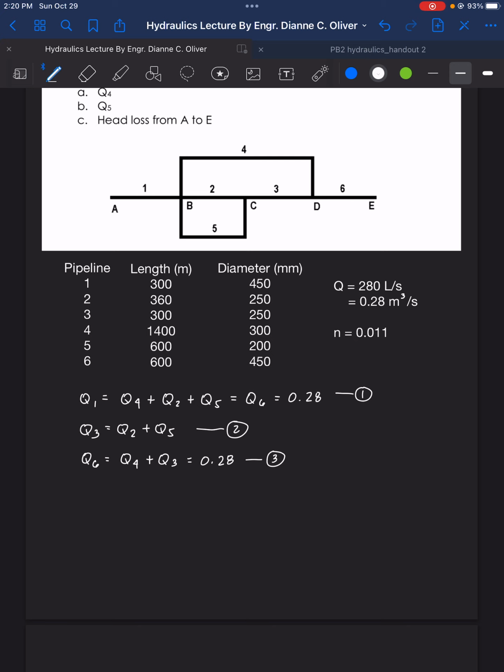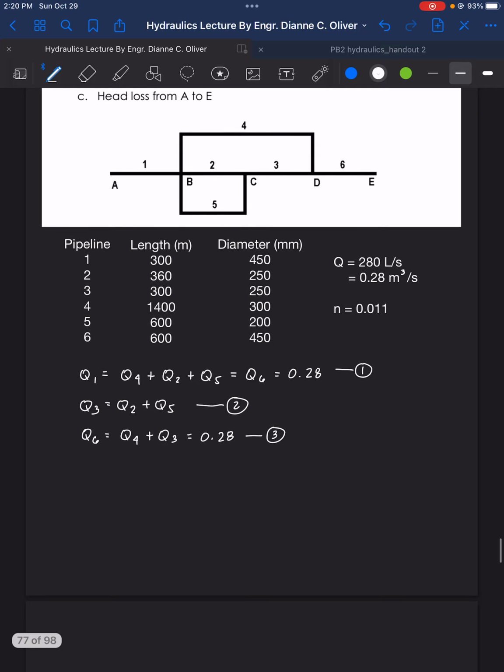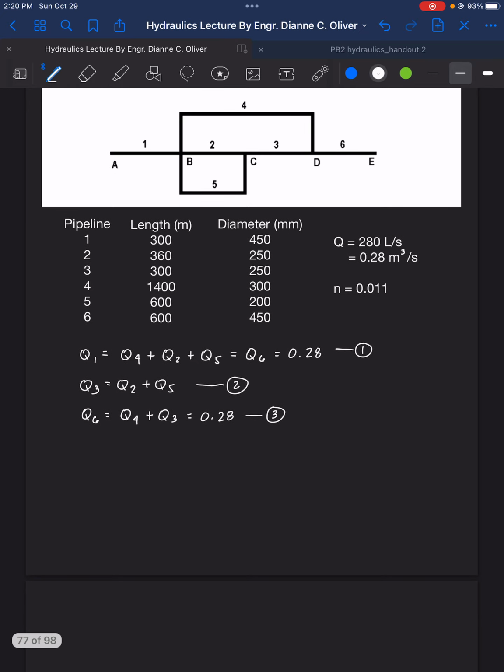So what's next will be the head loss. For the total head loss, that is head loss at 1 plus head loss at pipe 4 plus head loss at pipe 6, and that is our equation 4. Next, again, head loss.